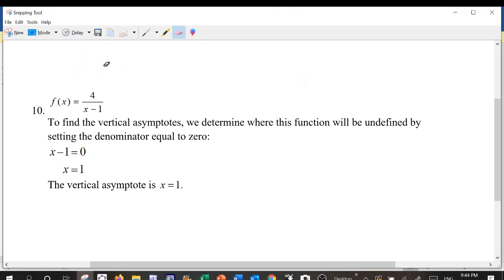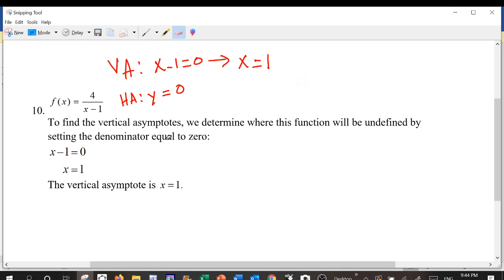Alright, so what is the vertical asymptote? We said x minus 1 equals 0, so x equals 1, right? For the horizontal asymptote, the numerator's degree is 0 and the denominator's is 1, so the horizontal asymptote is y equals 0, right?